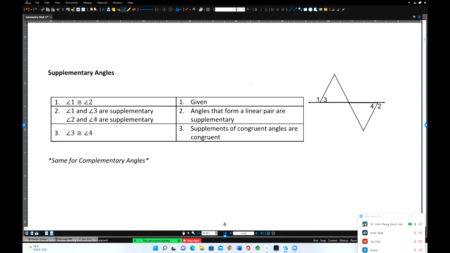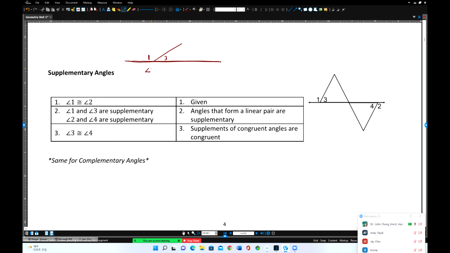The next one over here is very important. When you have supplementary angles. What are supplementary angles? If you have one line over here, a straight angle, we have two angles, angle 1 and angle 3. These two angles stand on a straight angle.